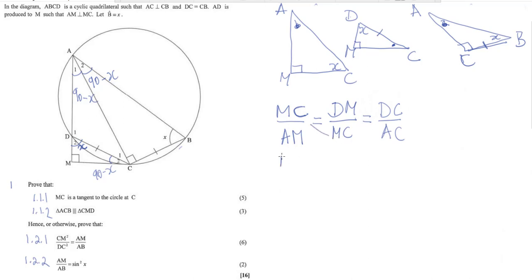We have MC squared over AM equal to, we take this one, we say DC, oh sorry, we can take this one, DM, equal to DM. Okay, let's keep it like that.